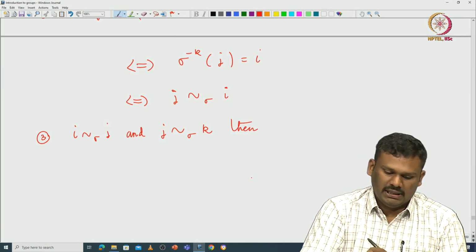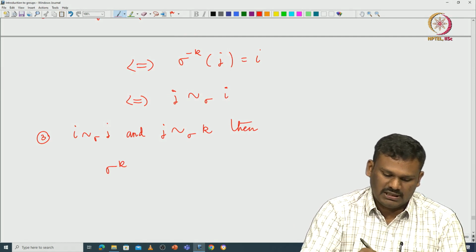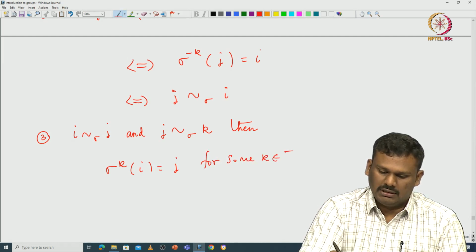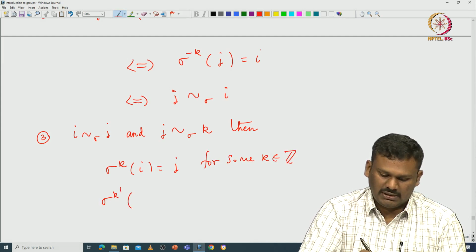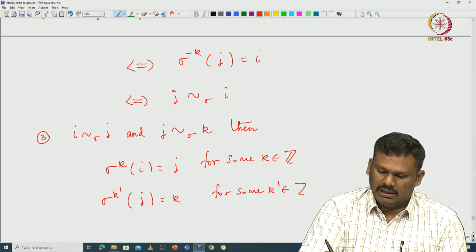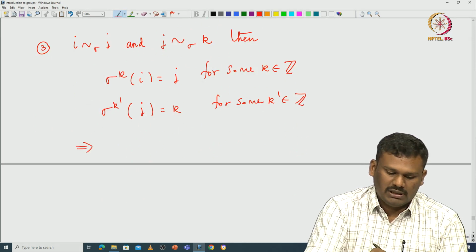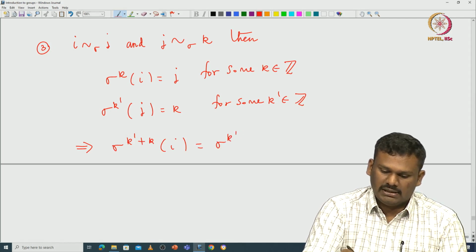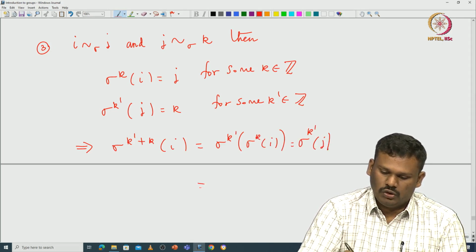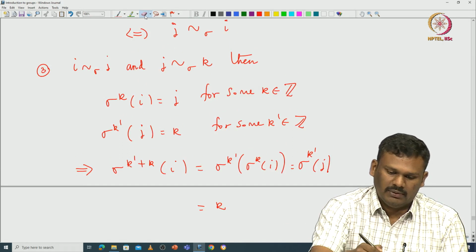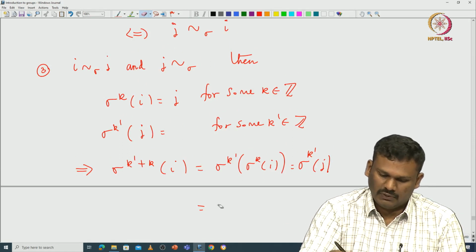Note that if i is related to j, then sigma to the power k of i equals j for some k in Z. Similarly, sigma to the power k' of j equals r for some k' in Z. Maybe I should use some other index, so I will call it r.